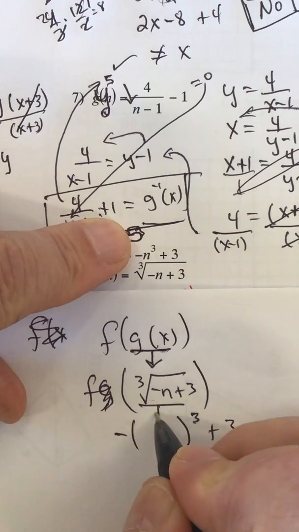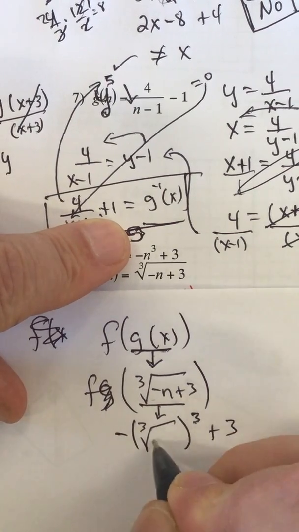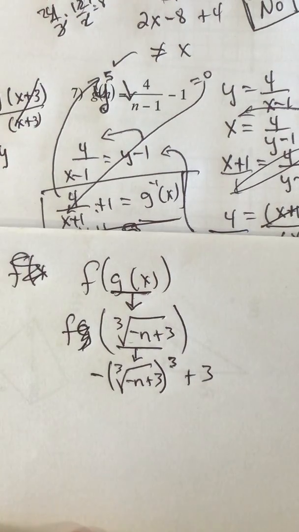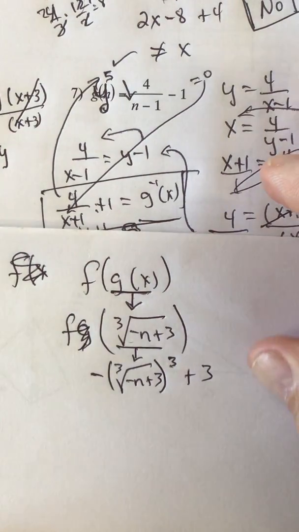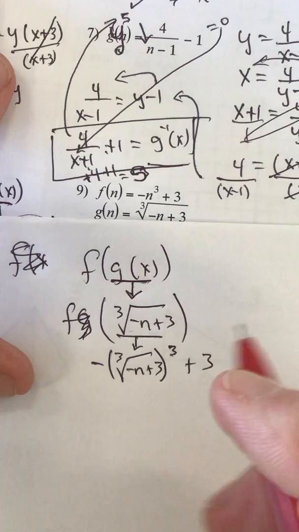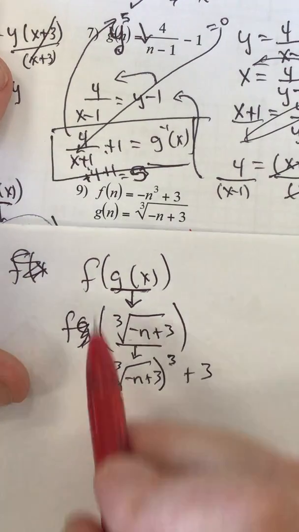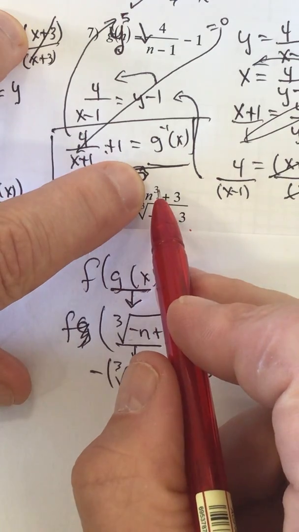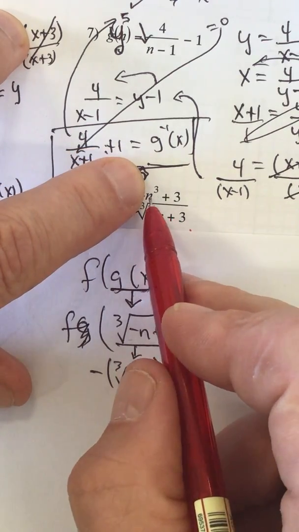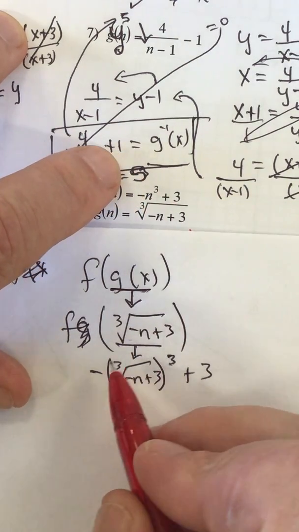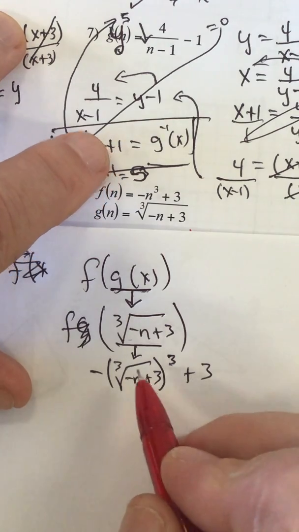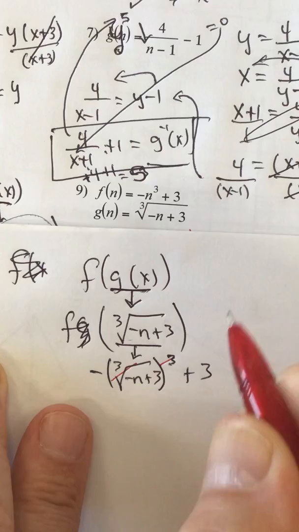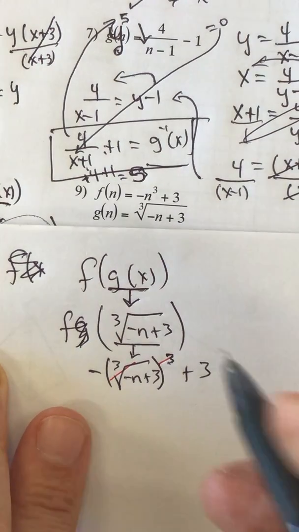And this stuff's what goes in there, the third root of negative n plus 3. Now that negative is important. See, that negative was outside the n to the third, so the third does not reach that negative. It was only on the n stuff. So that third and that third actually cancel out, a third root and a third power.